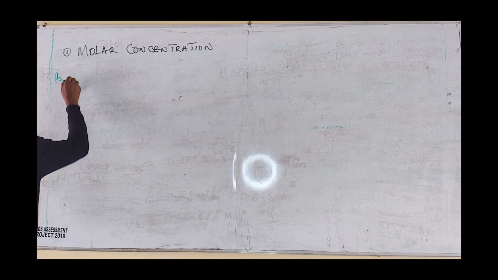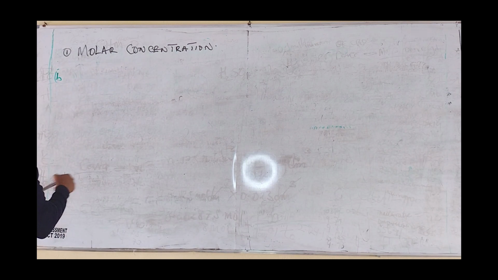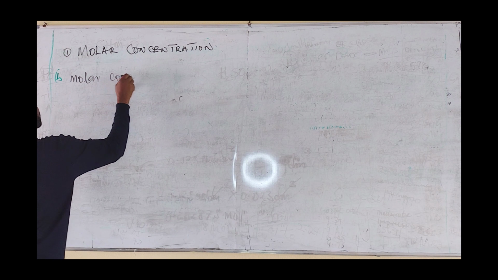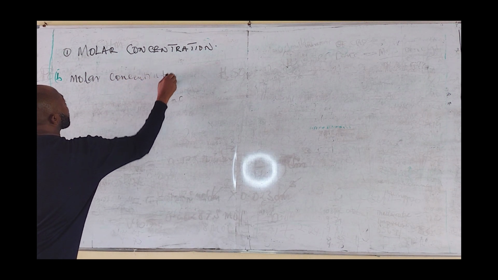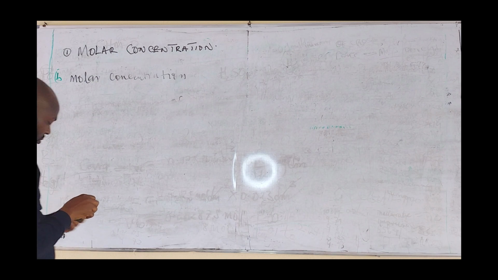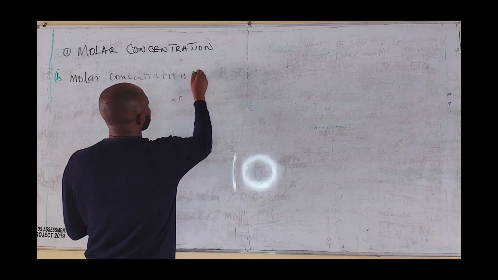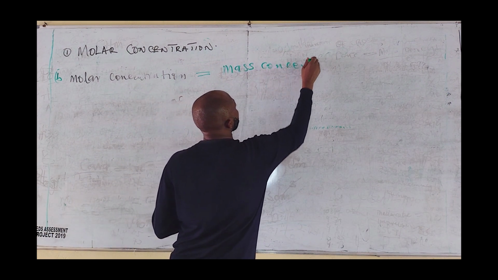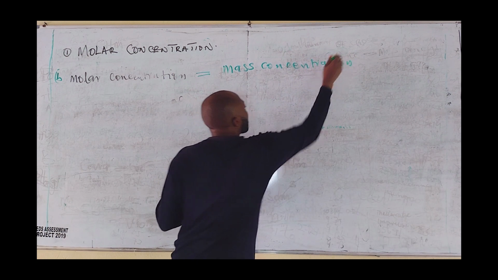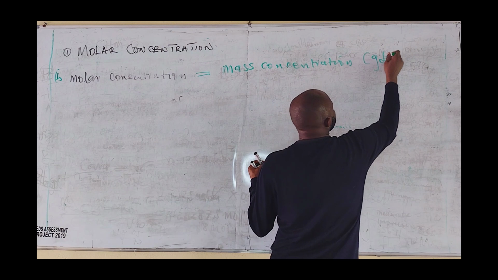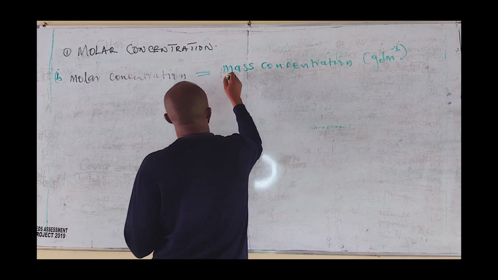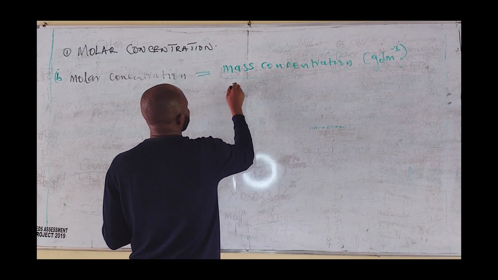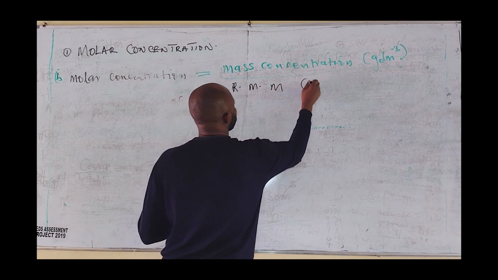B, molar concentration is equals to mass concentration in g/dm³ over relative molecular mass in g/mole.